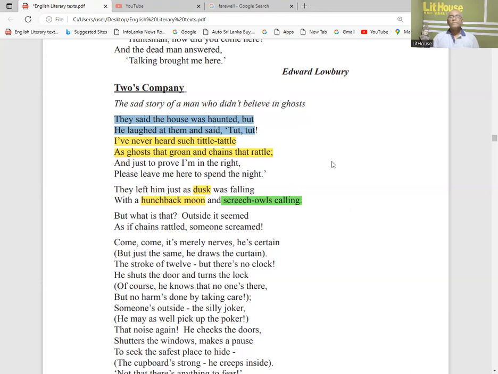For writing, internal rhyming is also used.